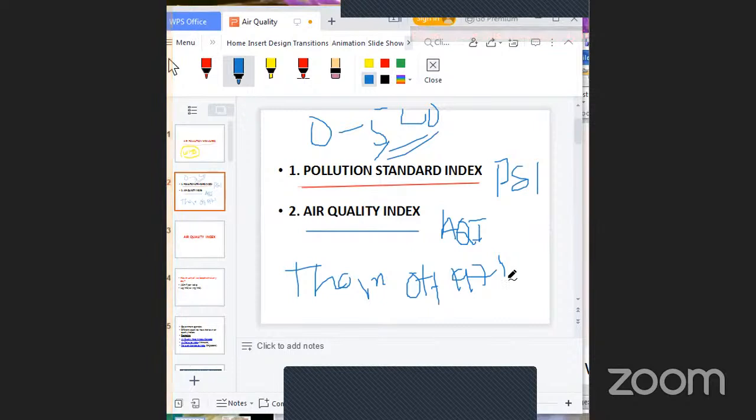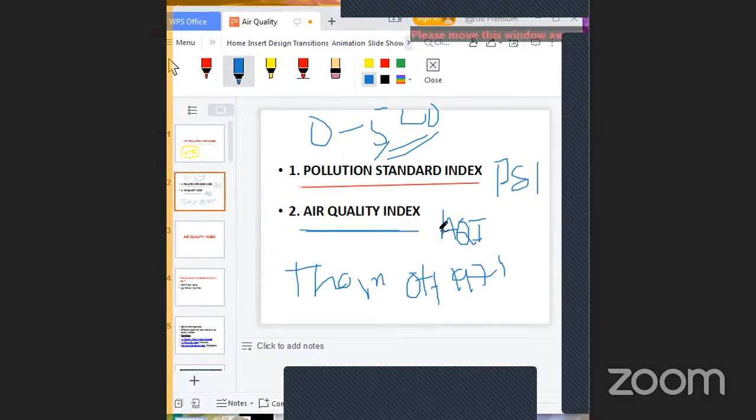Right? So the next, AQI, air quality index. So it is defined as the measurement of the air quality with respect to the requirements of one or more biotic species and human needs. So the 6 major indices, I already told.